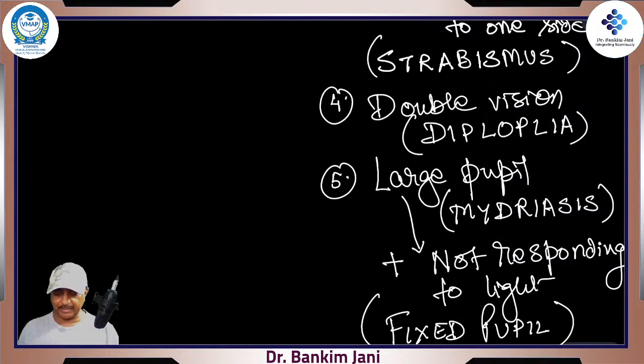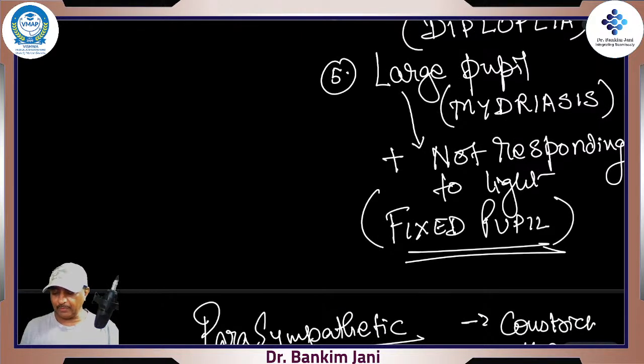Large pupil not responding to light, which is called a fixed pupil, because the pupillary light reflex is involved, as these fibers are carried by nerve 2, nerve 3, and even 4. But over here, because 3 is involved to a large extent, that's how it goes, right?